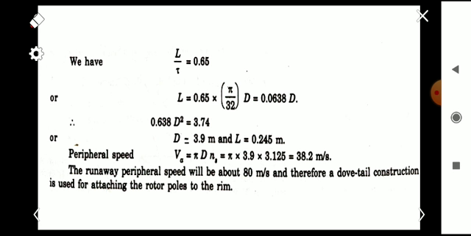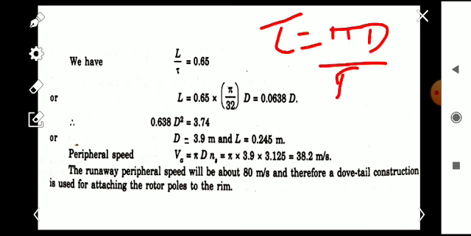Okay, and for separation of D and L, it is given that L by tau is 0.65, and we know the equation for tau is pi D by p, that is pi D by 32.